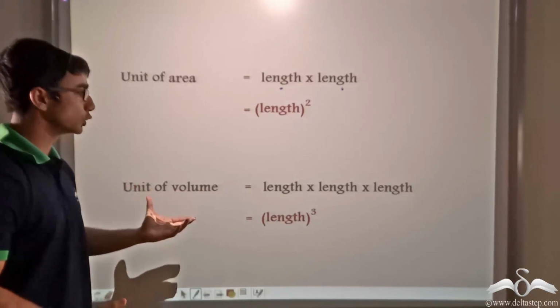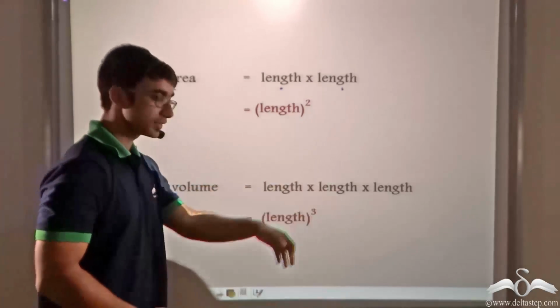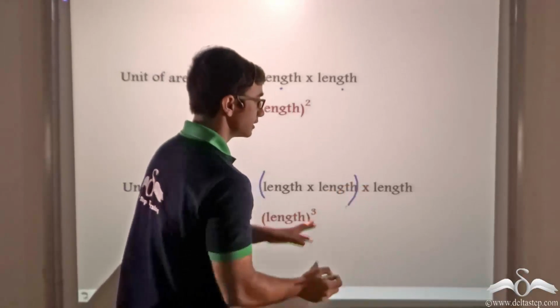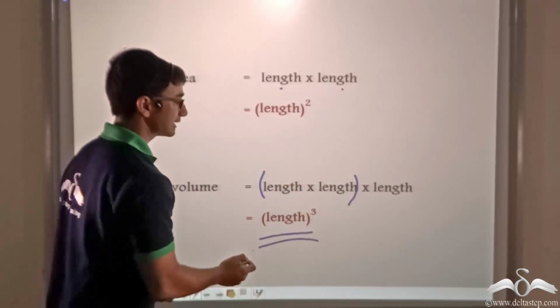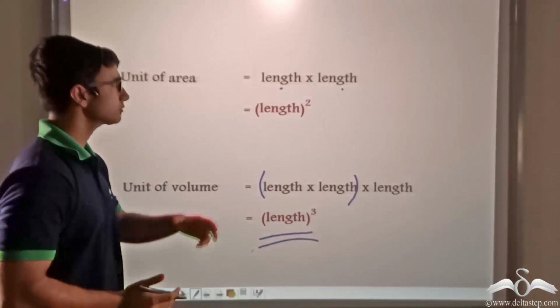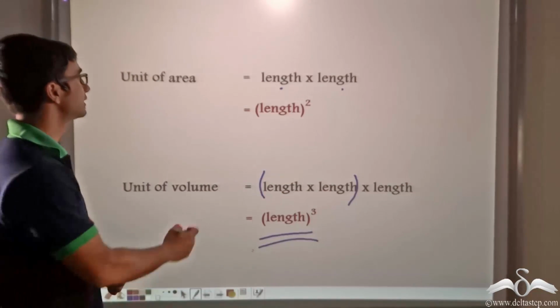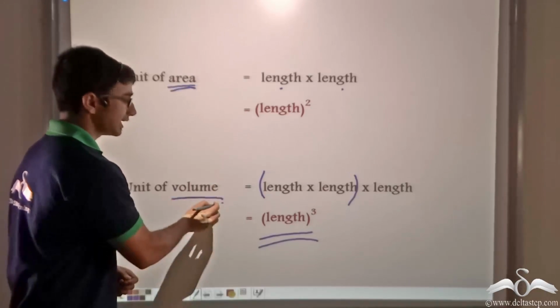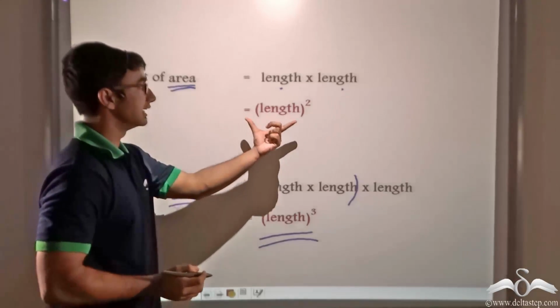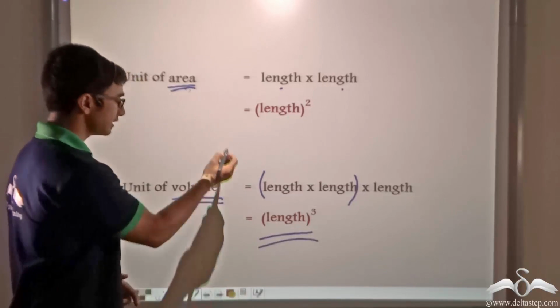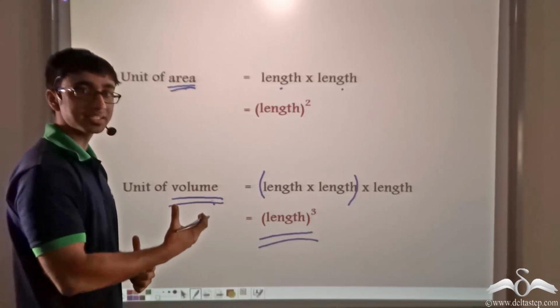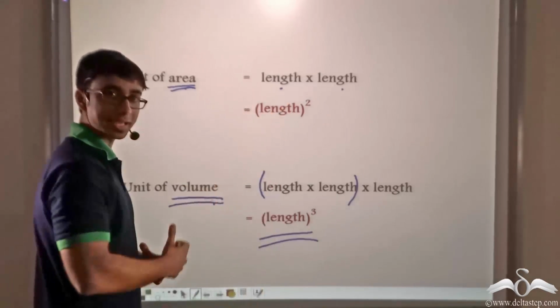Similarly, the unit of volume is area, which is length into length, multiplied by another unit of length. So that gives us length cube. So as you can clearly see, area as well as volume are derived from length itself. So the units of area and the units of volume, we can say, depend on the unit of length.